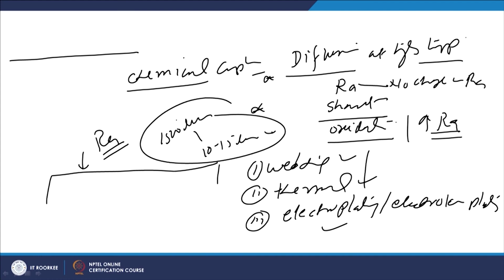So, based on the process being used for surface modification, there can be large variation in the surface roughness values.